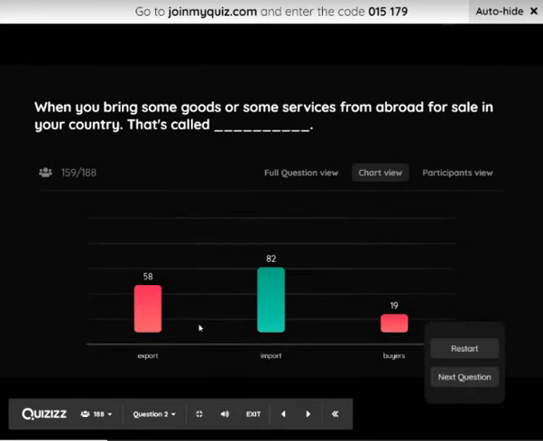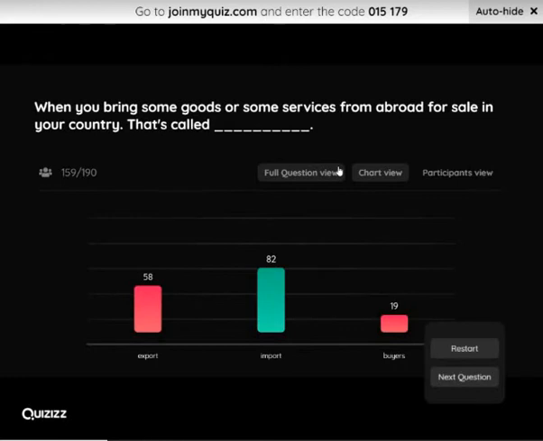Okay, so yes. So when you bring some goods, you bring them to your country from outside. You take goods or services or products from outside, and you bring them to your own country to be sold in the local market, then that's called import.